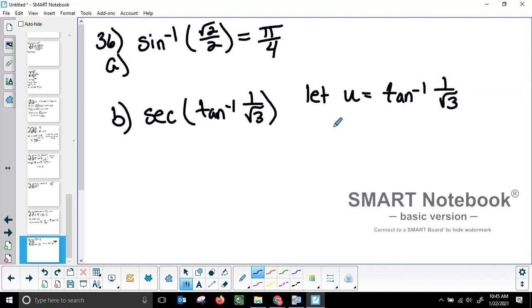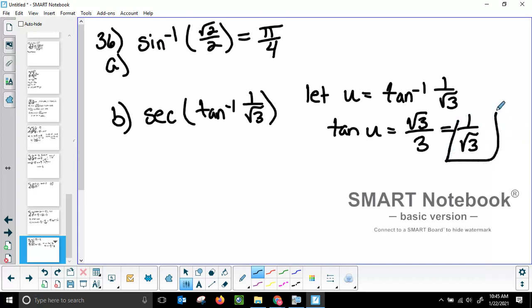And then we take the tangent of both sides, so we know tangent of u is equal to 1 over the square root of 3, which is also square root of 3 over 3. But we'll see if we need that. We probably still actually want this form. I'll show you why in a minute. All right, well, we know that we're dealing with inverse tangent, which is the right half of the unit circle. This is a positive value, which means we have to be in the first quadrant.